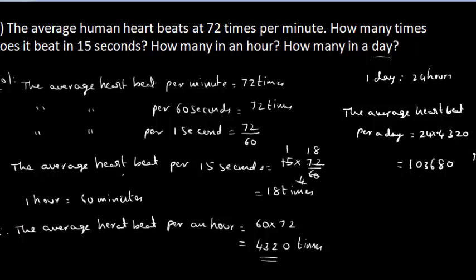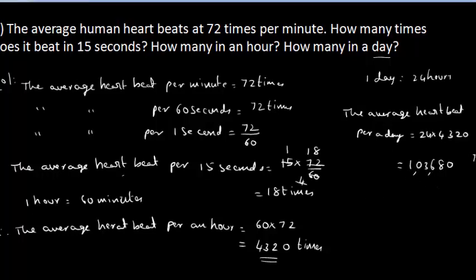So the average heartbeat per day is equal to 1,03,680 times.